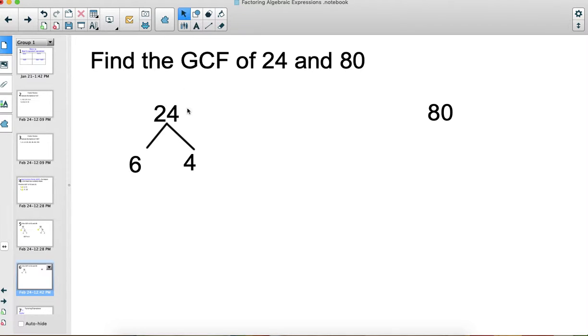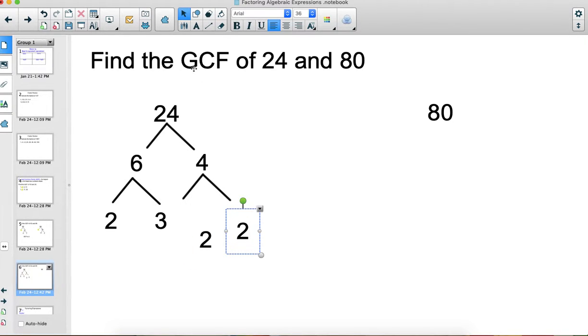And then looking at these, neither of these are prime. 6 could be broken down into 2 times 3. And then 4 can be broken down into 2 times 2.